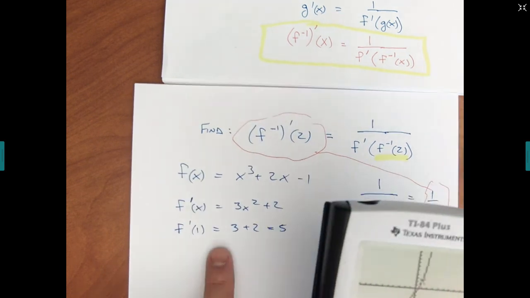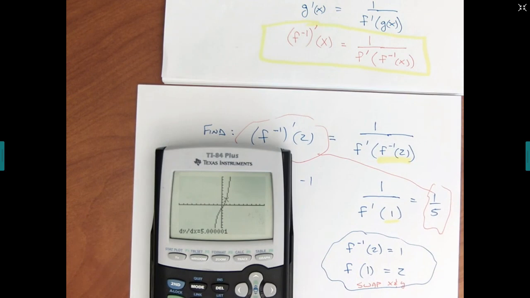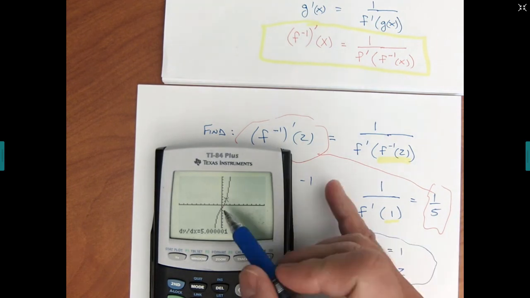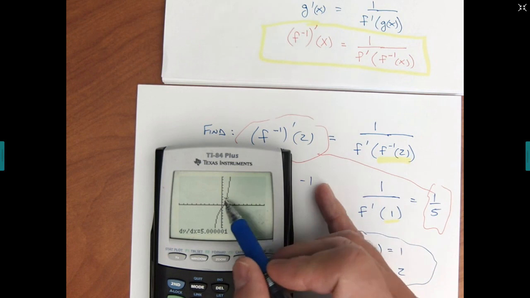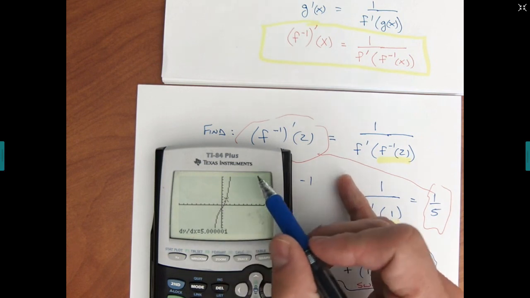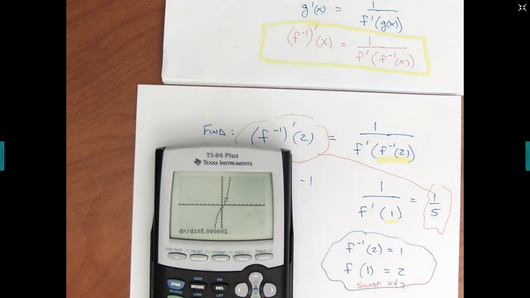We found that here. Now what we know then, because the x's and y's are swapped when we have the inverse function, if I were to find the inverse function and graph it, it'd have a reflection through the y equals x line right here.